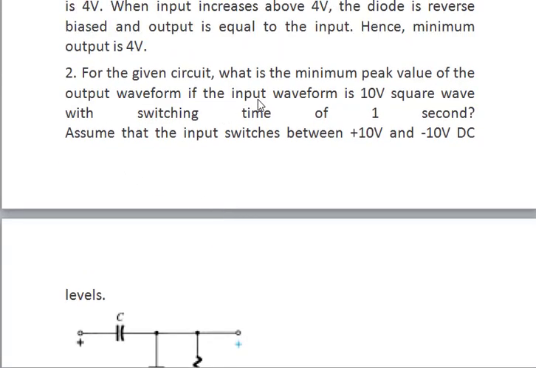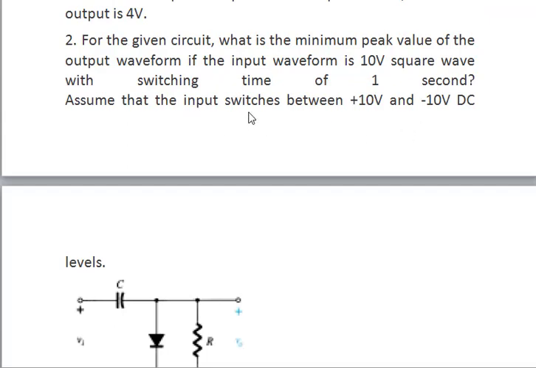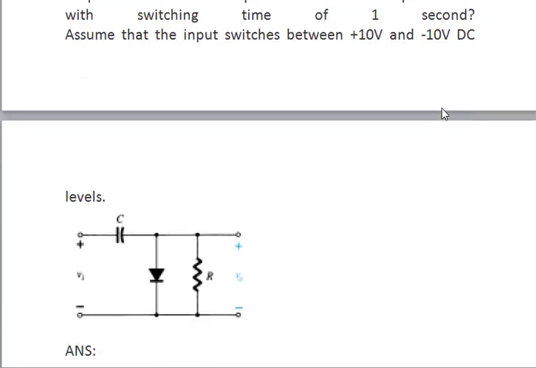For the given circuit, find the minimum peak value of the output waveform. The input waveform is a 10 volt square wave with a switching time of 1 second. Assume that the input switches between plus 10 volts and minus 10 volts DC level.